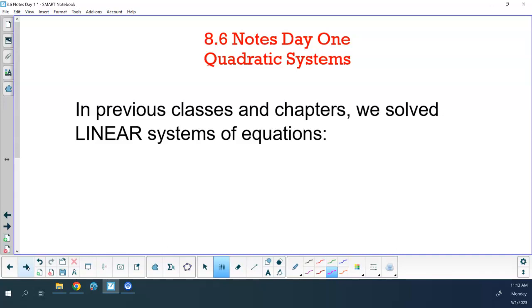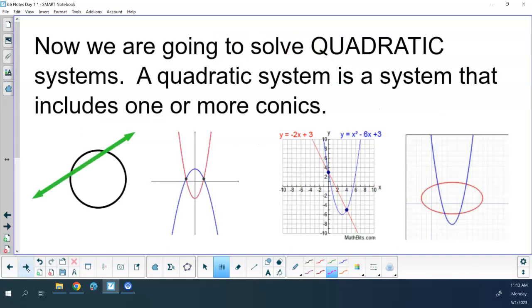Today, we are going to switch to a quadratic system of equations. A quadratic system of equations contains one or more conic sections. So I gave you 4 examples of what a quadratic system looks like.